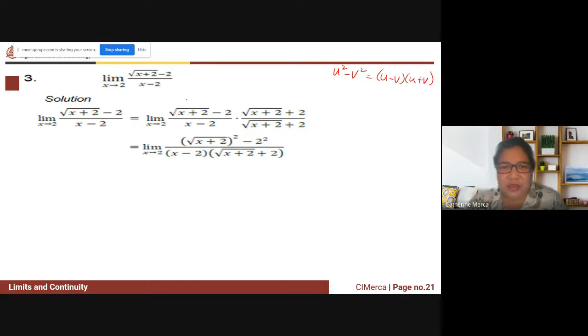Our U this time is the square root of x plus 2. Our V was supposed to be the 2 there.